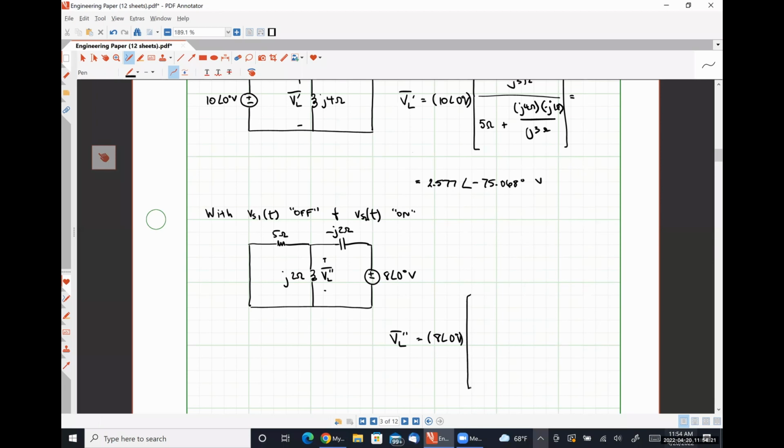I'm going to have 5 ohms times J2 ohms over 5 plus J2 ohms divided by minus J2 plus what I have in my numerator.